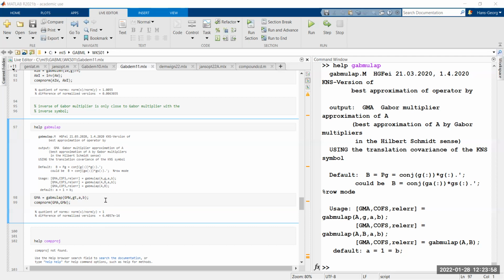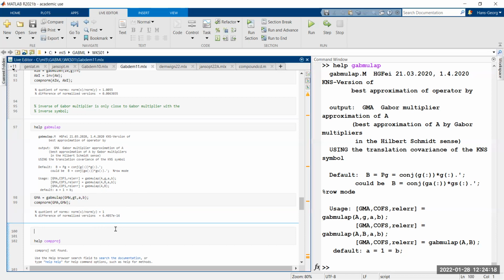So I was just quickly checking this routine. If I take our Gabor multiplier, which was created from the tight atom with lattice AB, then of course the best approximation, which was the GMA, should be the operator itself. And in this example, at least, this routine works well.